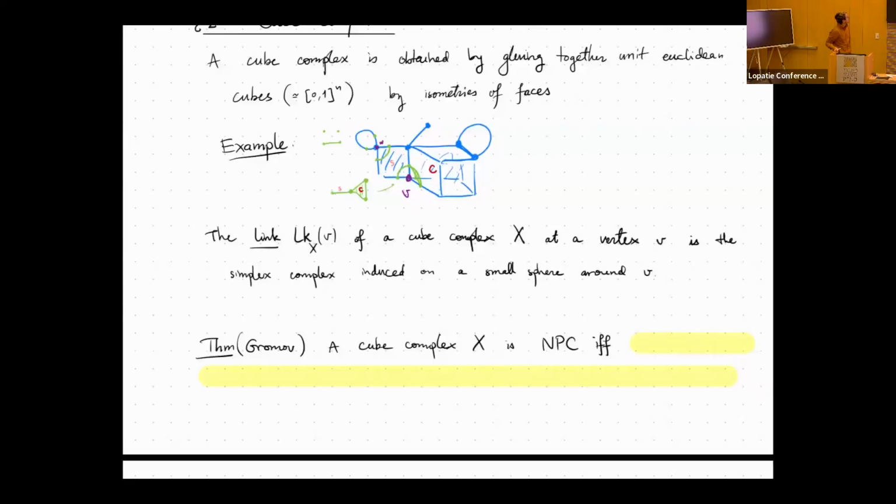Excellent question. So again, Gromov comes and tells us exactly when a cube complex is non-positively curved, when it satisfies this local condition, locally CAT(0). It is non-positively curved if and only if all links are flag simplicial complexes.